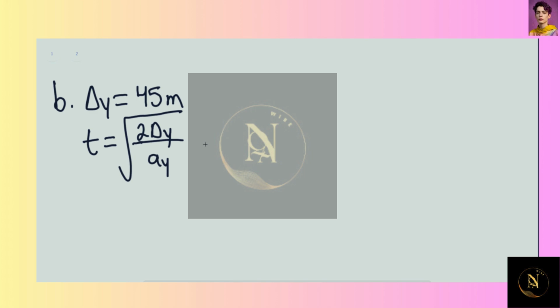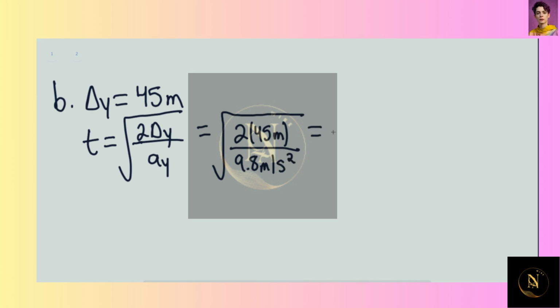We, again, still have no initial velocity in the y direction, so we can use that same relationship. This would be equal to the square root of 2 times 45 meters divided by 9.8 meters per second squared, and this equals 3.03 seconds.